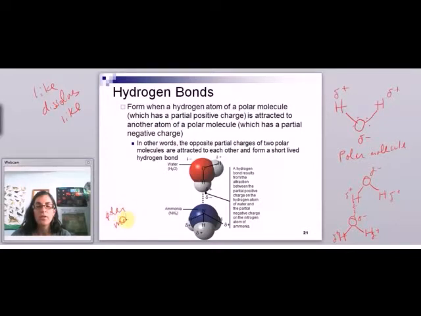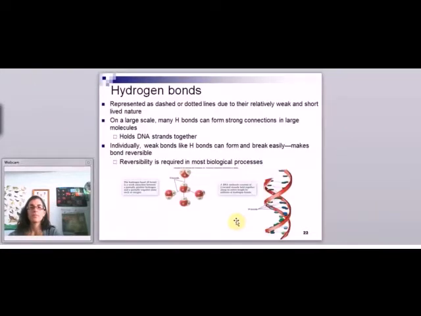So one polar molecule and another polar molecule can interact with each other through these hydrogen bonds. So here's the partial positive on the water here. Nitrogen has a partial negative, and so when they come near each other, a hydrogen bond can form. As I said earlier, the hydrogen bonds are depicted with a dotted line or a dash. And again, that just helps remind us that it's a very weak bond and short-lived.